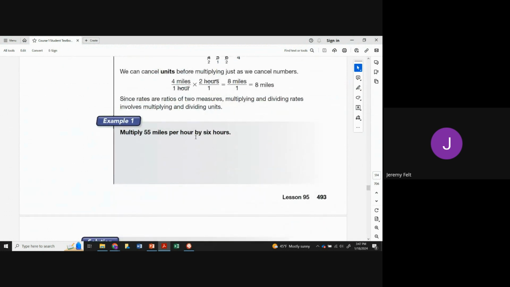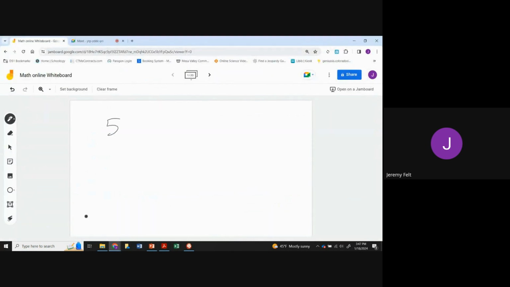55 miles per hour, 6 hours, so 55 miles per hour. And we can write MPH, or for this, we probably want to see it in fraction form, times 6 hours.